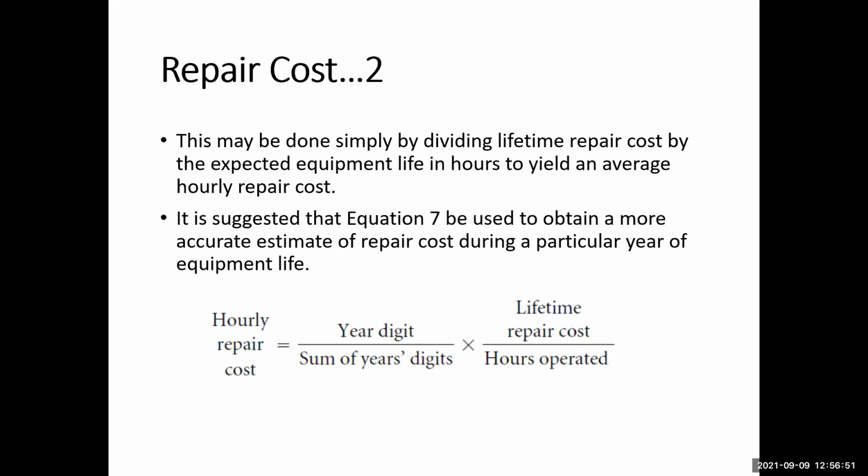So is it correct to assume that the repair cost in the first year will be $10,000, $10,000 in the second year, and similarly in all remaining years it is $10,000? Or will it be more correct to assume that the repair cost in the earlier years will be less, and it will gradually increase in the later years? Which option will be correct?